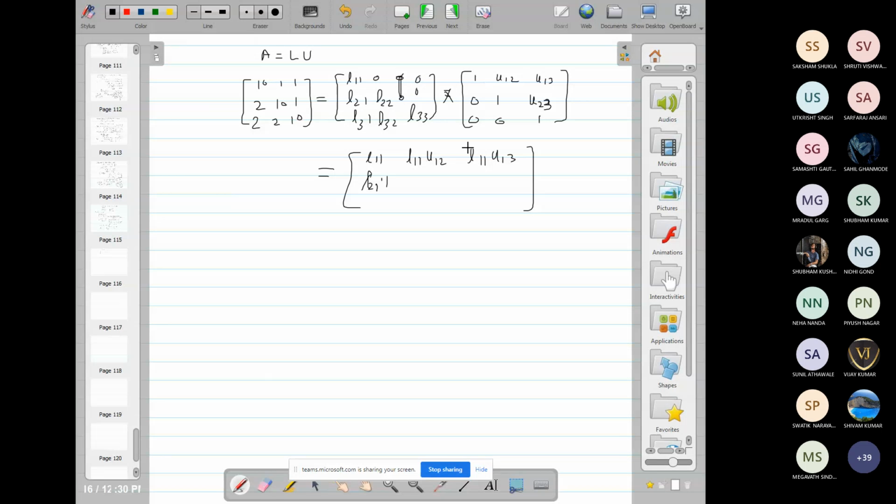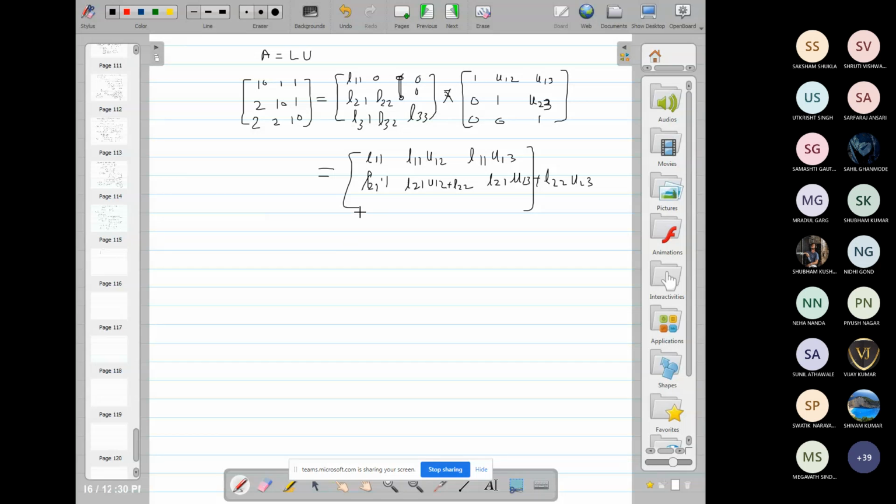and second, L21 U12 plus L22, and in the third, L21 U13 plus L22 U23, second row by third column, third element done.